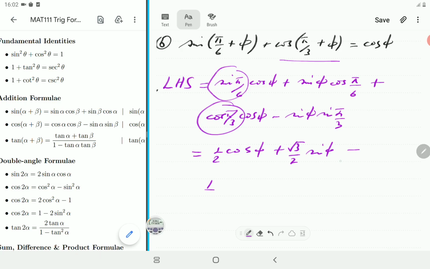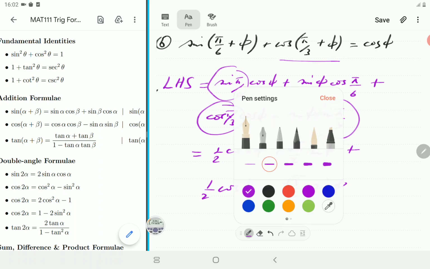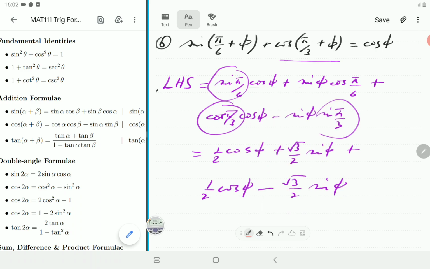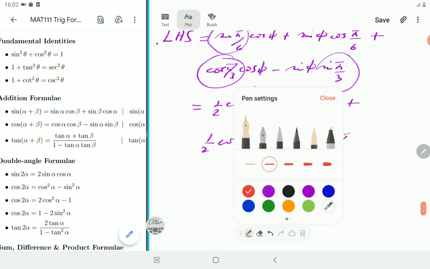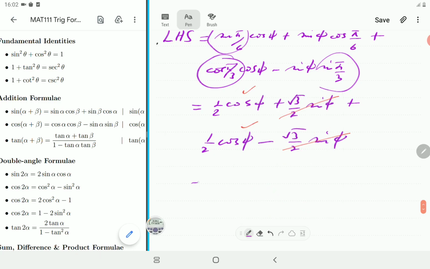So that's not minus, that's plus 1/2 cosine phi, then sine 60 is root 3 over 2, then times sine phi, and then we are going to notice that these two here cancel out while these two add. So that means we're going to have cosine phi, which is the same as the right hand side.